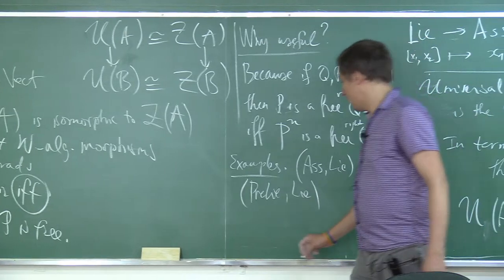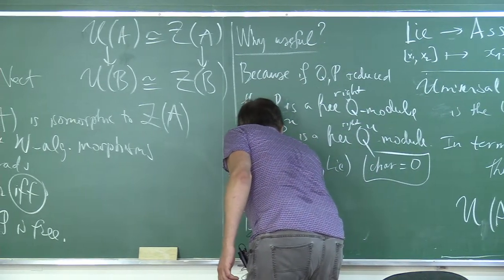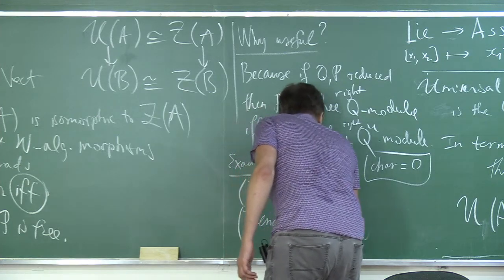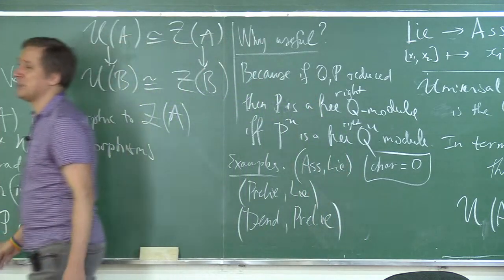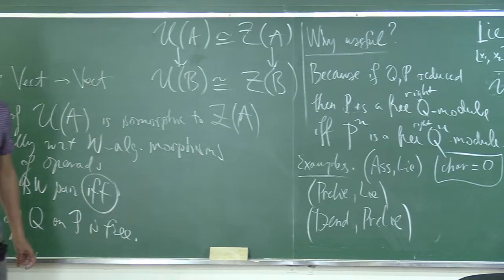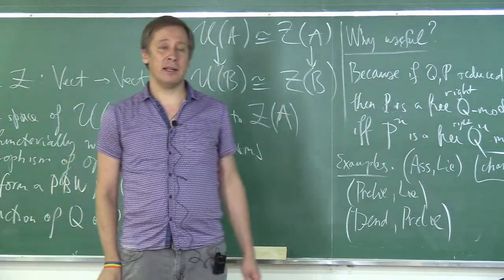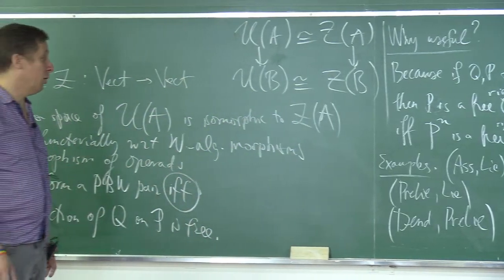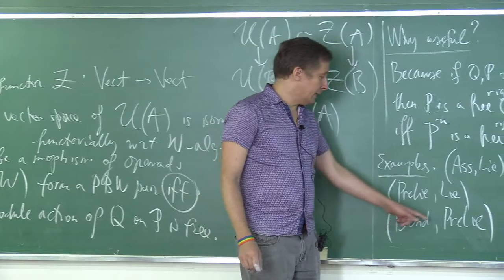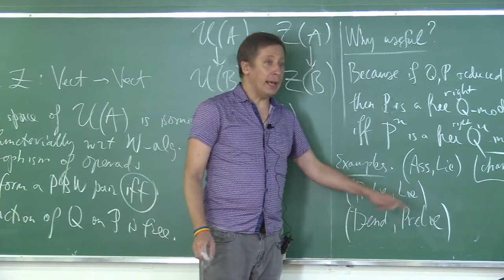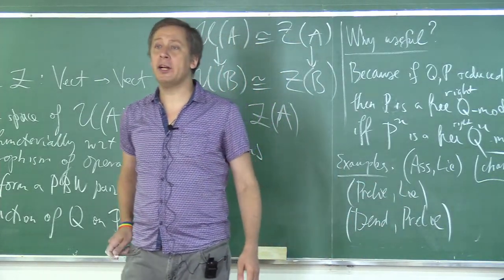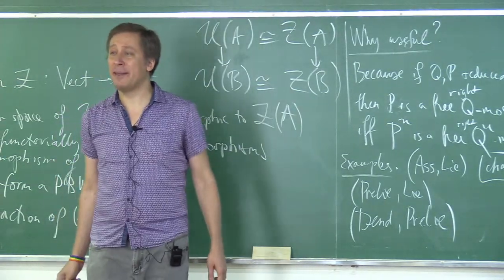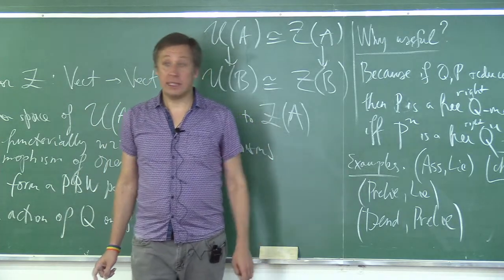So our motivation: I don't have time to talk about this, but there is a structure introduced by Jean-Louis Loday called dendriform algebras. And Loday asked some 15 years ago whether, since they are related by a functor of change of multiplications, there is a PBW type pair for this pair of varieties.